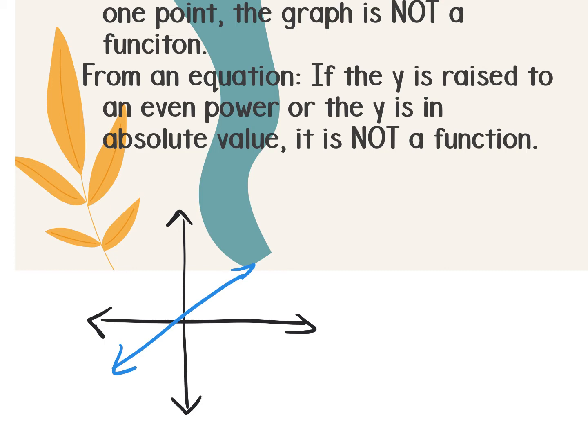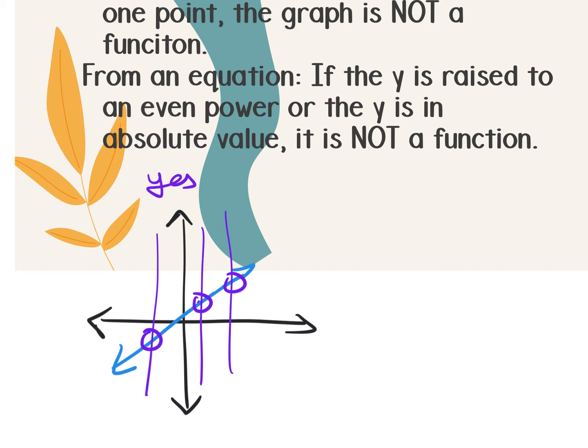I'm trying to find a place where, when I draw a bunch of vertical lines down my graph, it would hit more than once. But notice it's only hitting the blue line here one time, here one time. So all linear graphs, except for when it's vertical, are functions. So this would be a function because it passes the vertical line test.